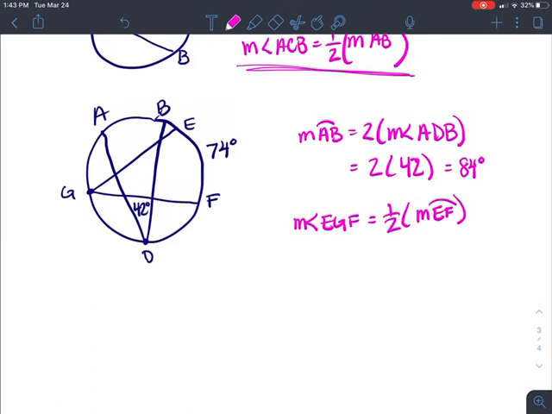Okay, so I'm going to say that this is half of 74, which gives me a total of, let me do this, 74 divided by 2 is 37 degrees.